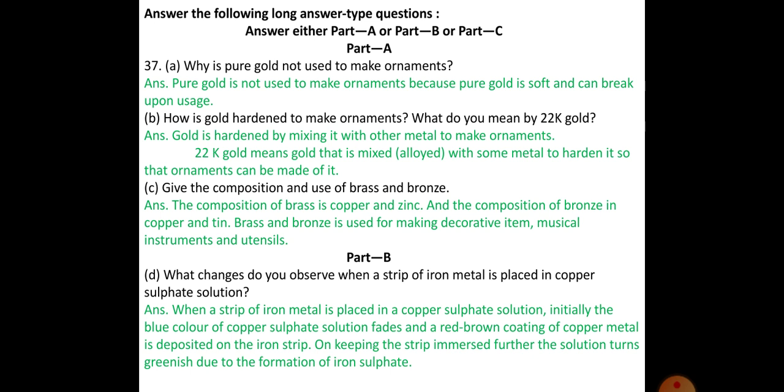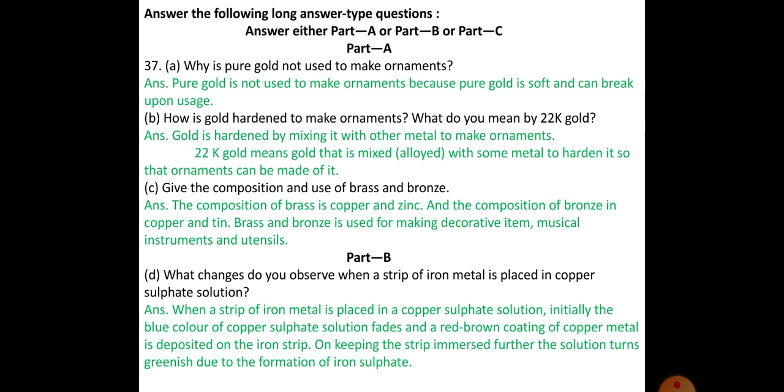Why is pure gold not used to make ornaments? Pure gold is not used to make ornaments because pure gold is soft and can break upon use. How is gold hardened to make ornaments? What do you mean by 20K gold, means 20 karat gold?